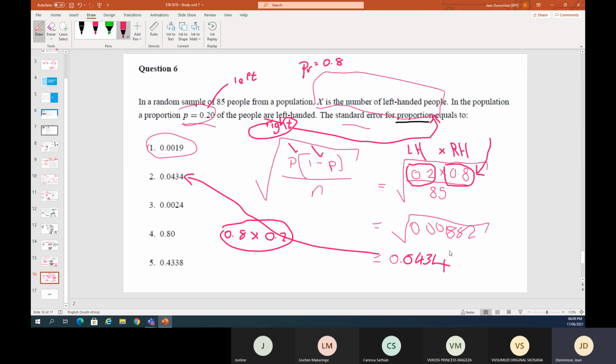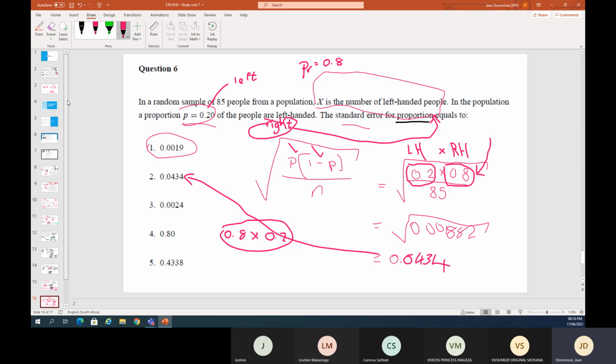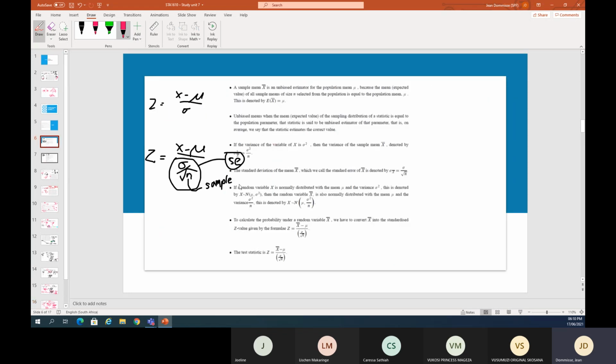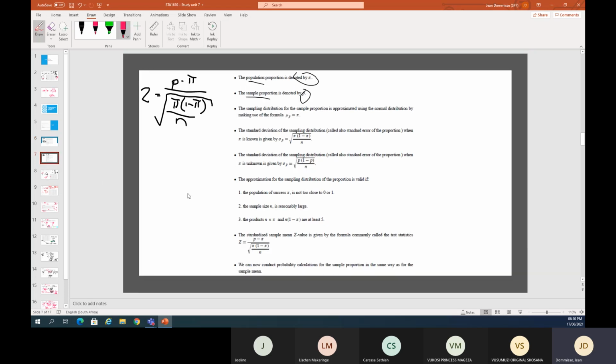Okay, so that is study unit 6 that we have completed. Just the last question from the previous week, and study unit 7. A recap of study unit 7 is basically taking that sample mean, or that Z that we calculated in study unit 6, a step further, where we introduce the sample to it, and then we add proportion to it as well.